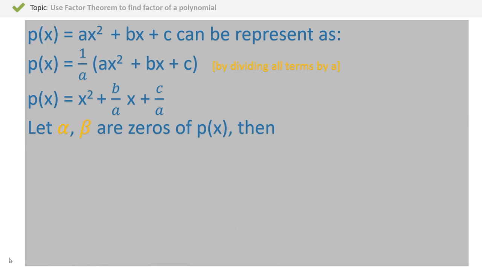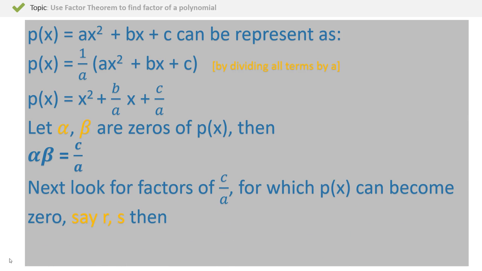Now let's assume alpha and beta are zeros of p(x). Then we can conclude alpha into beta is equal to c by a. And now next look for factors of c by a for which p(x) becomes 0. Let's assume the factors of c by a are r and s for which p(x) becomes 0.